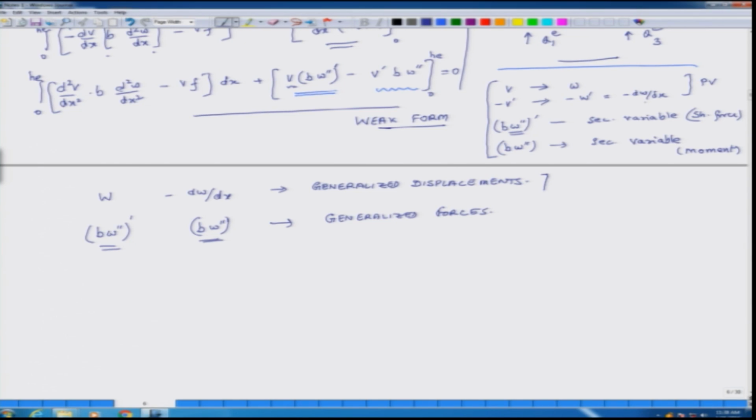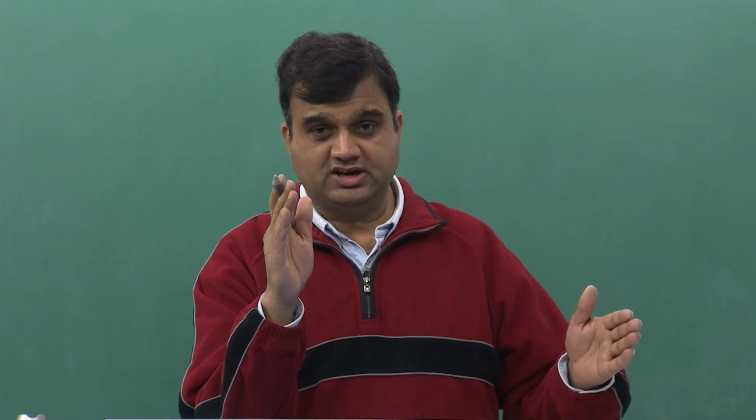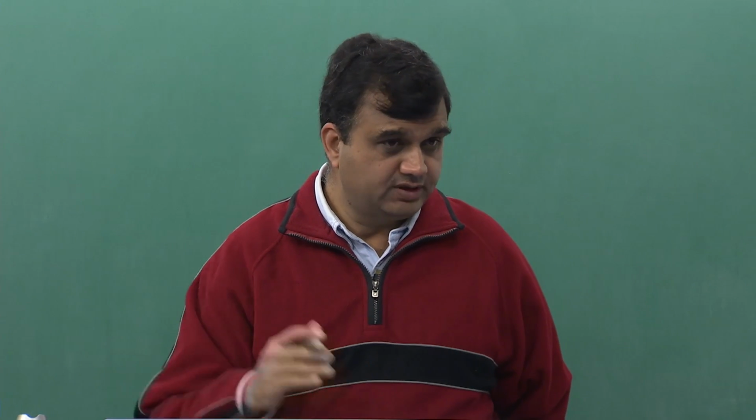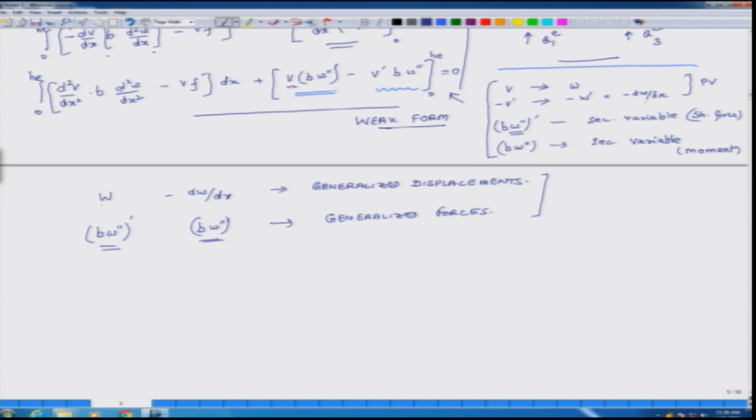So, when I develop finite element equations using the weak form, I will have a vector for generalized displacements, and this vector will be on the left side, and on the right side I will have a vector for generalized forces. Okay. So, these are my degrees of freedom.